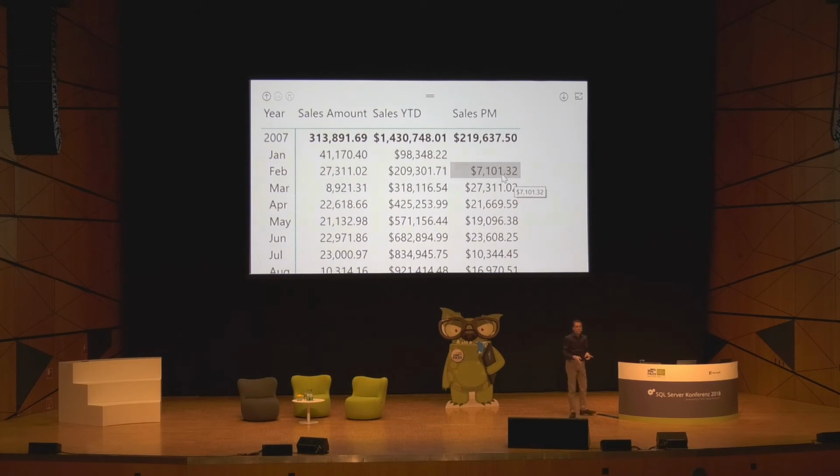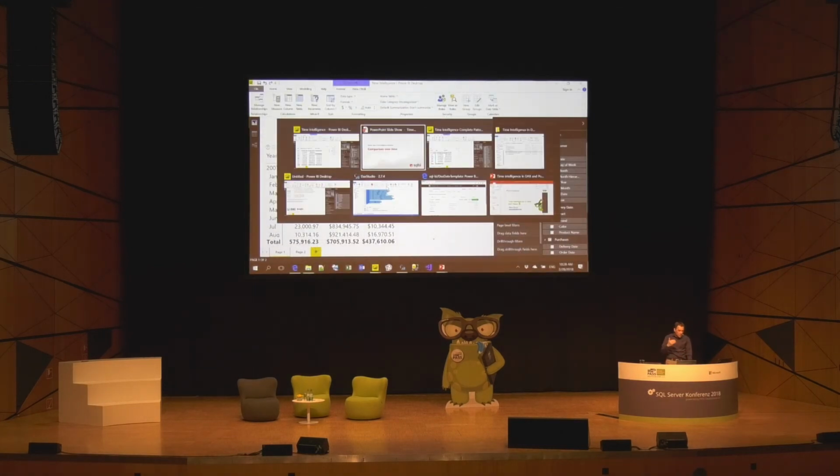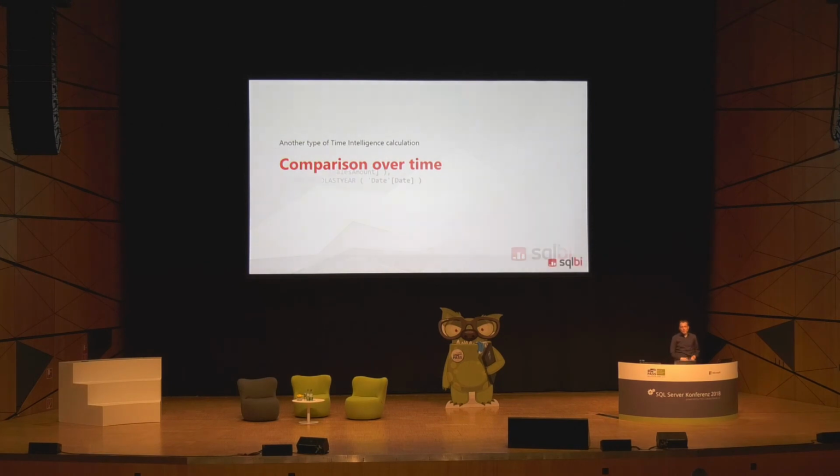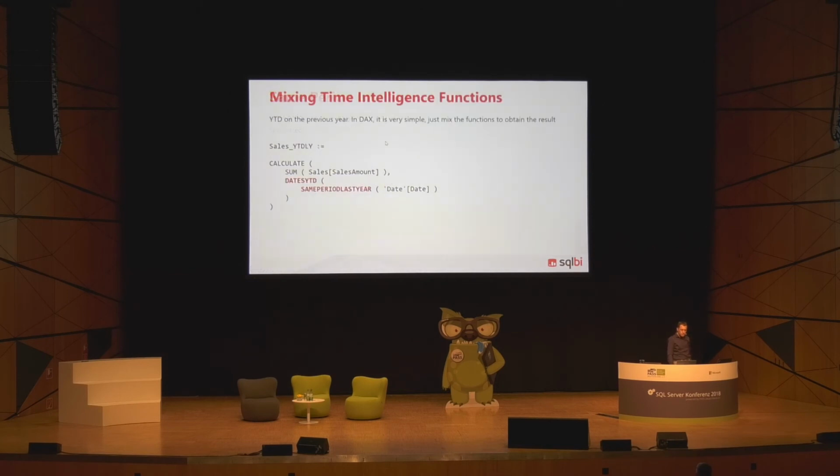This is just to show you that depending on what you're doing, the time intelligence function could serve you well or not. Just to give you an overview of these functions, because of course there are many functions. Same period last year is the same as DateAdd, date minus 1 year. So give me the same value in the previous year.